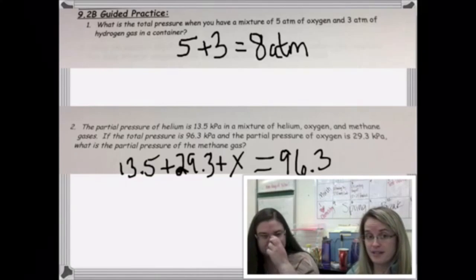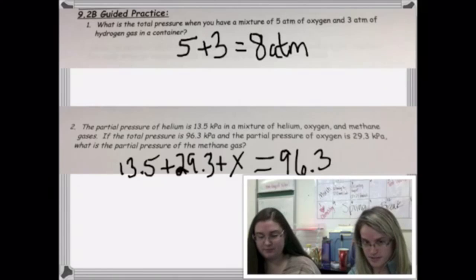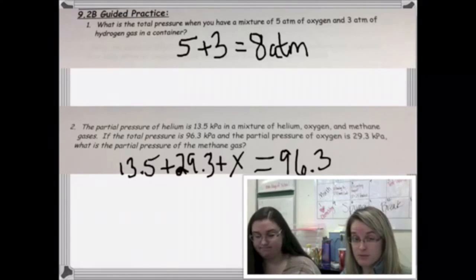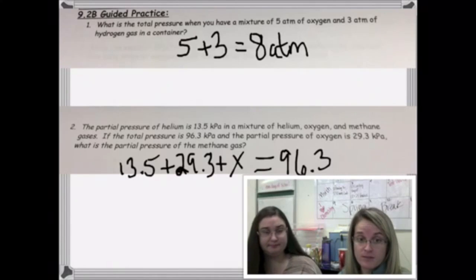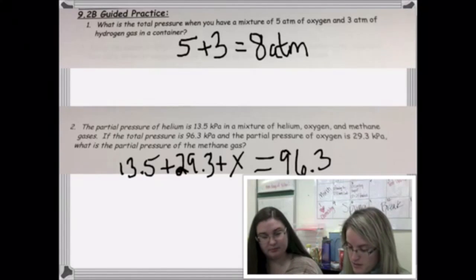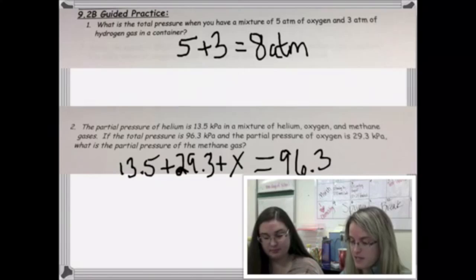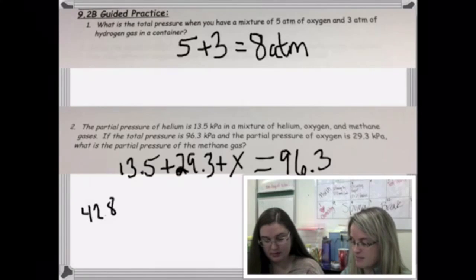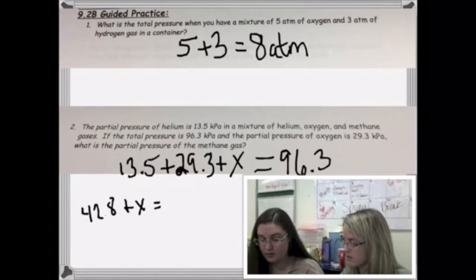Since we have multiple numbers on our side with an unknown variable, we're going to condense so we don't have to move as many numbers around. We want to move as few as possible so we make as few mistakes as possible. So I'm going to do 13.5 plus 29.3, and my total is 42.8 plus X.